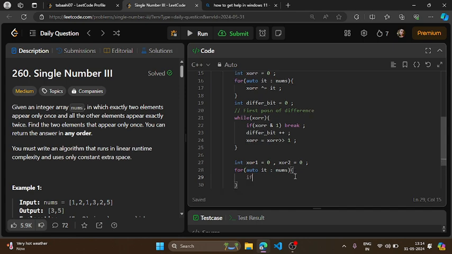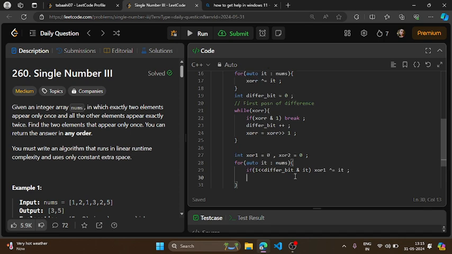So if the bit at that particular position, after shifting it by differ bit and then taking AND with 1, if I'm getting 1 out of it, then definitely it should belong to group 1. So group 1 XOR equals it, otherwise I will XOR it with group 2 XOR, right?